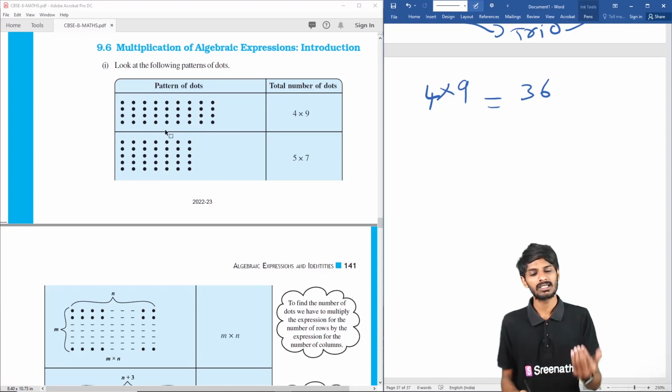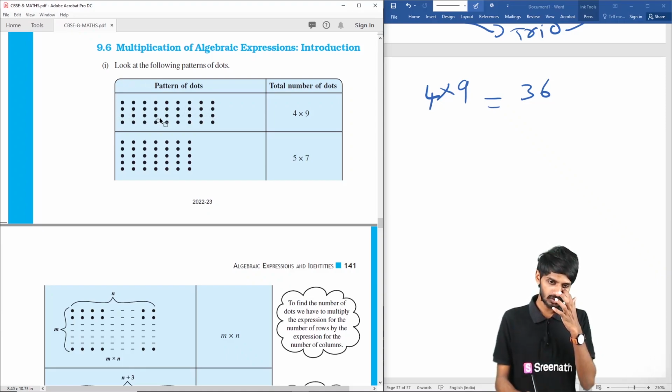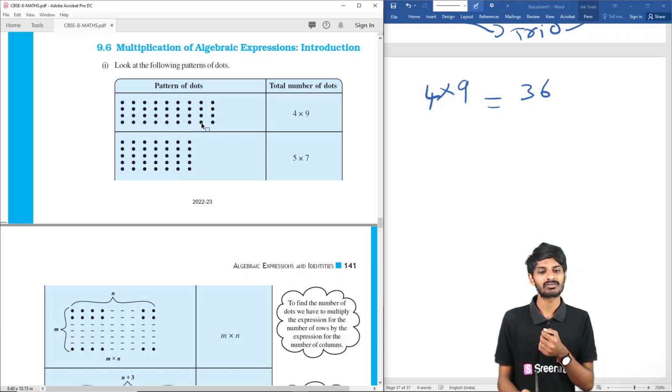Let us count: 1, 2, 3, up to 36. So we are getting the same answer.